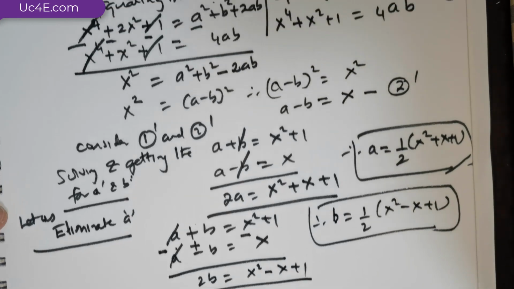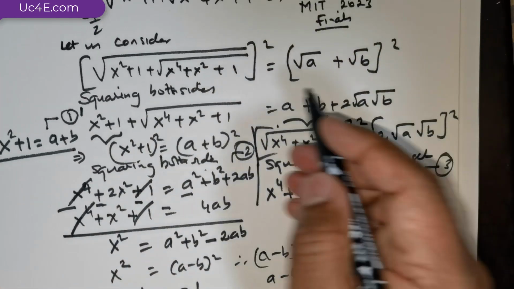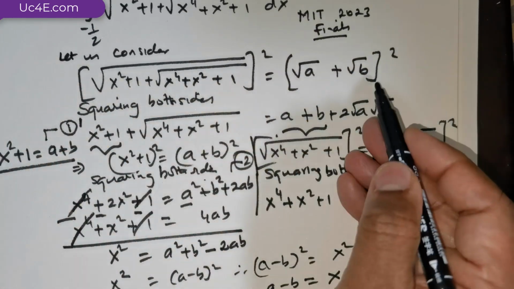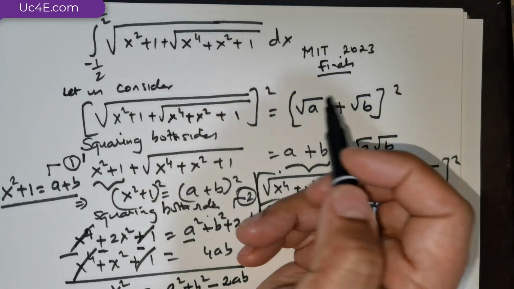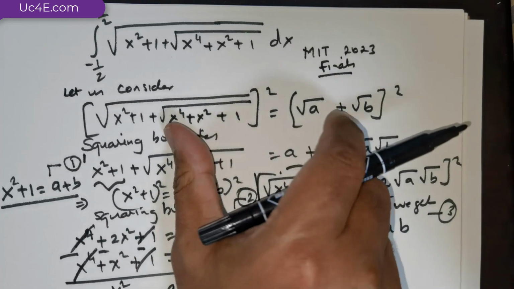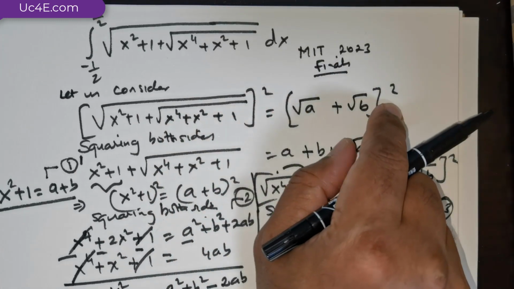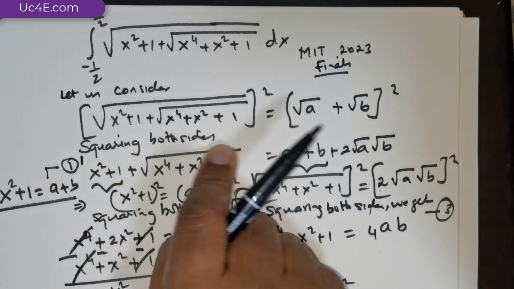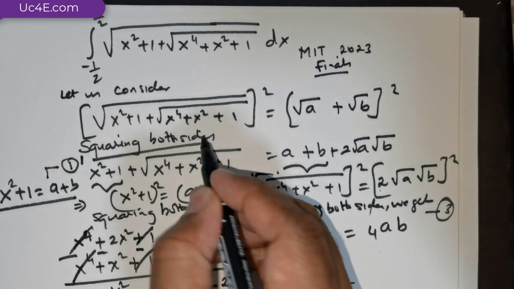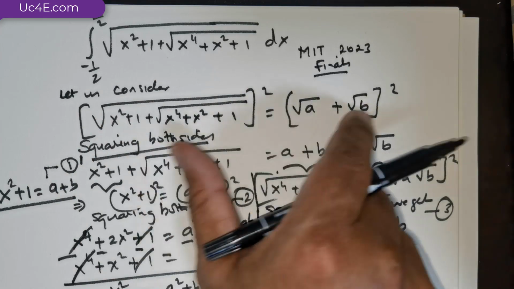So this is the value for b. Now if you were to consider the first step, we started off like this, right? So in fact I am having squares on both sides for the very fact that I used this sentence, squaring both sides, and hence I have squared them.